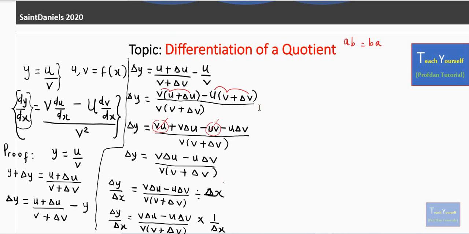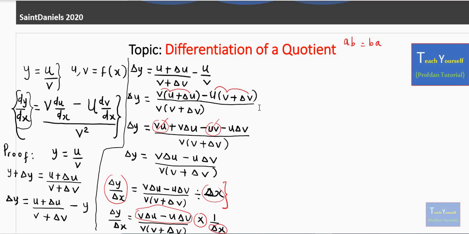So what we've done at this stage is we divide both sides, the left side and the right side, by change in x. And if we write this division as multiplication, we have the inverse, which is 1 over change in x. At this point, everything in this numerator is affected by this change in x.